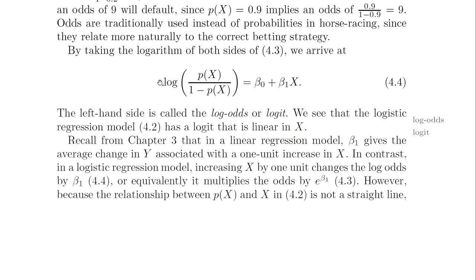So you've estimated your beta 1 hat at 0.0055, so increasing X by $1 increases the log odds by 0.0055. Obviously, if you just do the formula, you can easily find the increase in p of X.